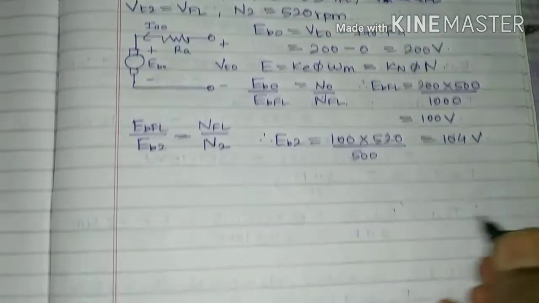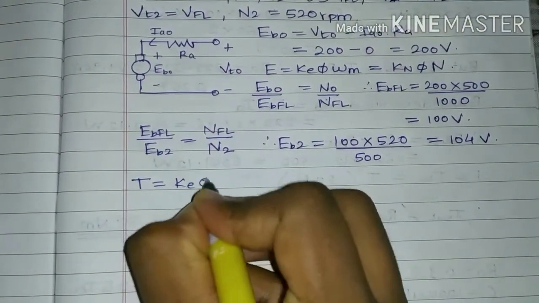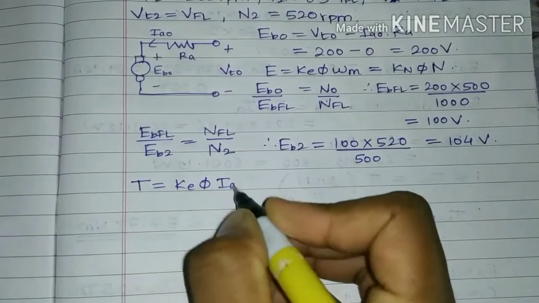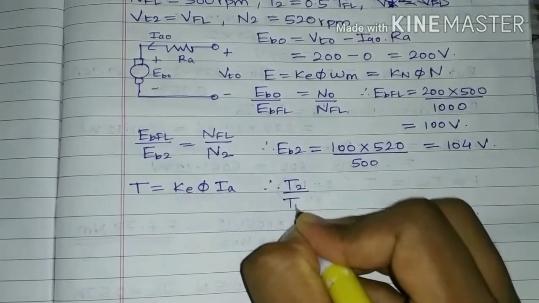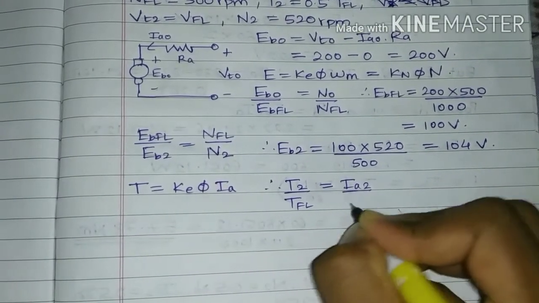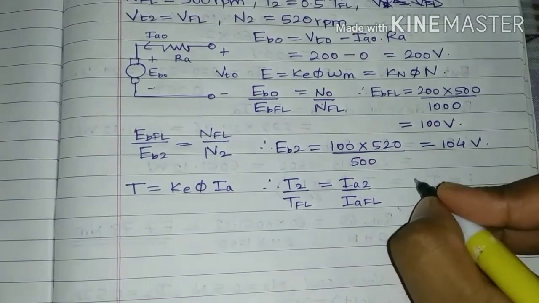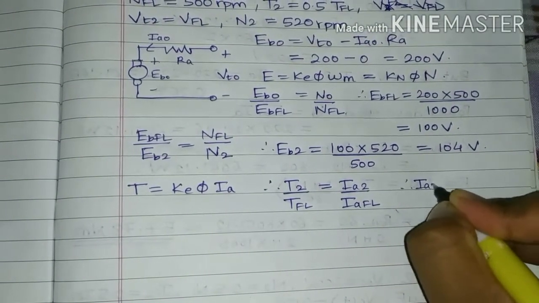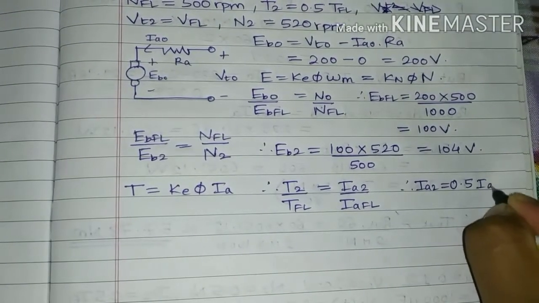Now the torque is directly proportional to the armature current, that is T is equal to KE into phi into IA. Therefore T2 upon TFL will be equal to IA2 upon IAFL. Hence we get IA2 is equal to 0.5 IAFL.